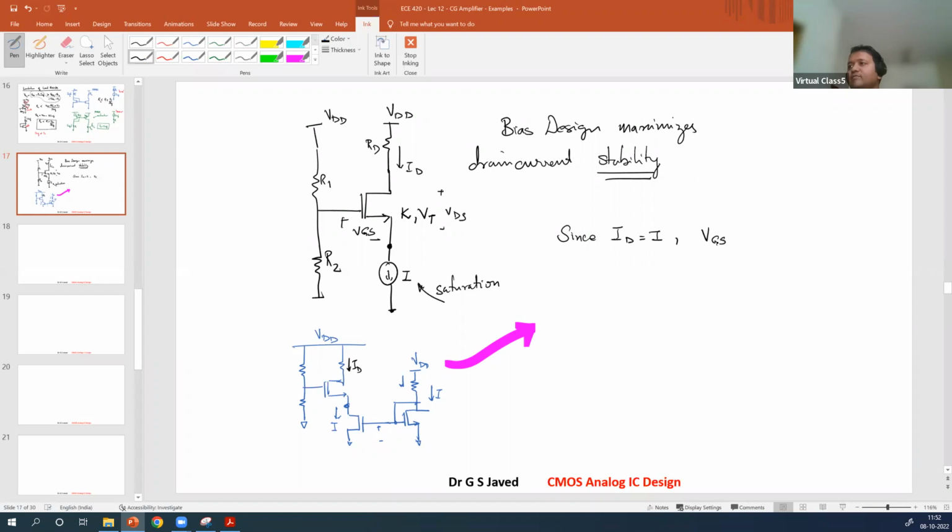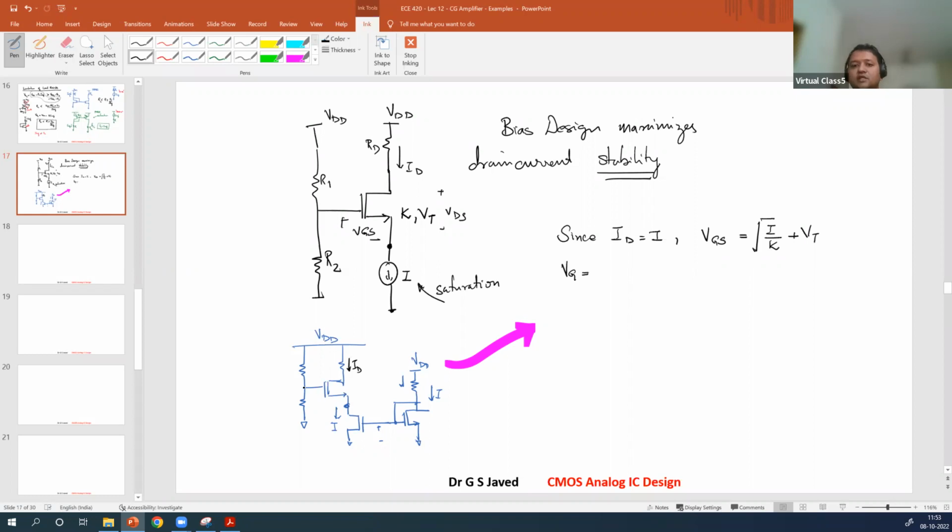So the VGS will be equal to the square root of I by K plus Vt. I is equal to K times (VGS minus Vt) the whole square. So that equation can be rewritten like this. And now you get what is the DC voltage. What is the DC voltage?